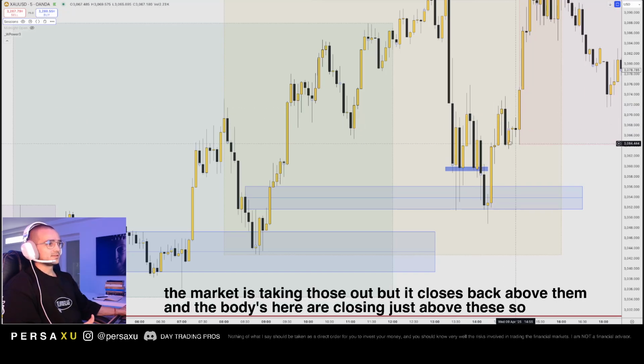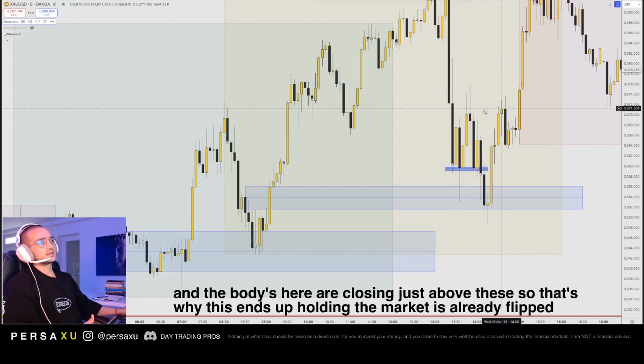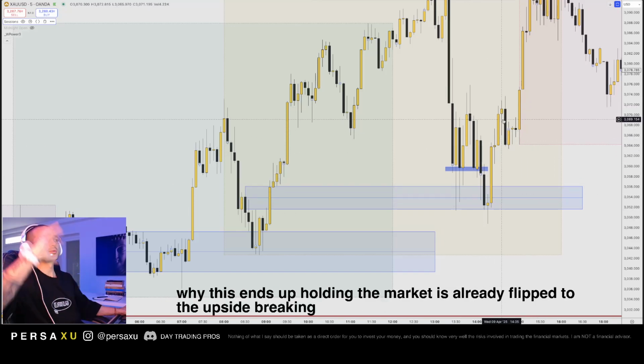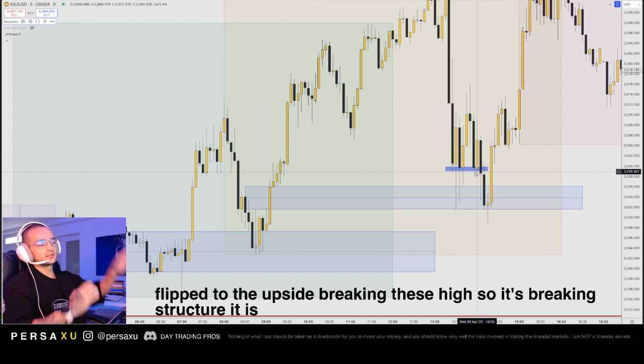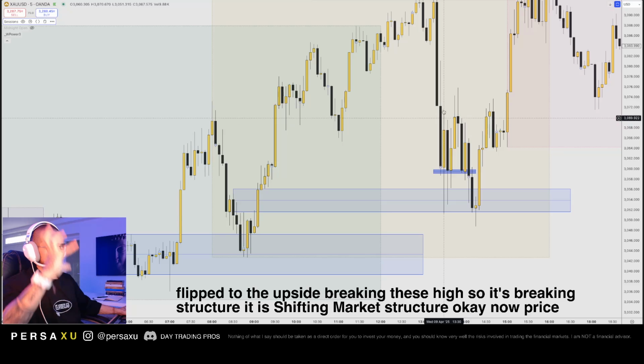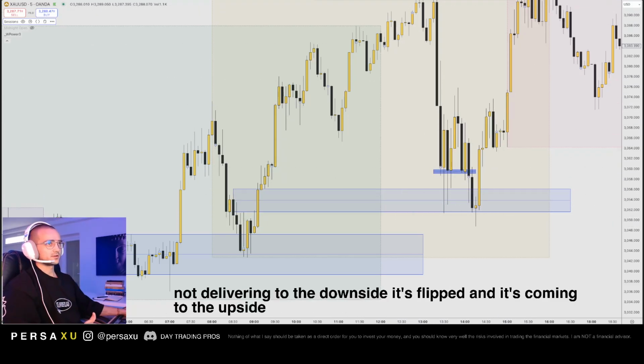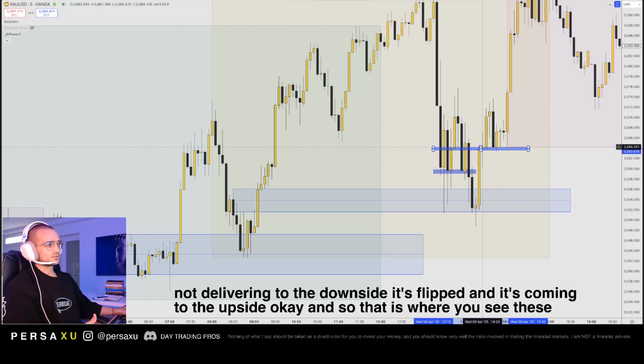So that's why this ends up holding. The market is already flipped to the upside, breaking these highs. So it's breaking structure. It is shifting market structure. Okay, now price is not delivering to the downside. It's flipped and it's coming to the upside. Okay, and so that is where you see these bodies holding.